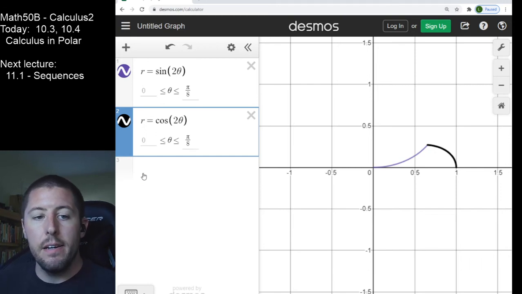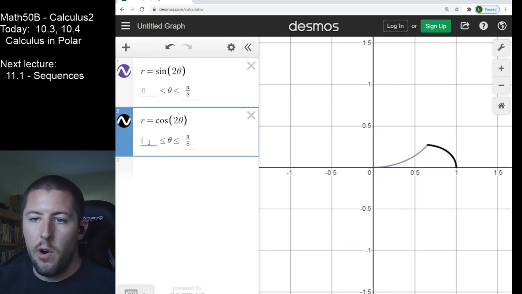Why not? Here's what I'm seeing. If my cosine equation starts at theta equals 0, I know that cosine of 0 is 1. So it makes sense to me that my initial location is actually here for 0 to pi eighths. It seems like I actually want pi eighths to be where this part of the curve starts, not where it ends.